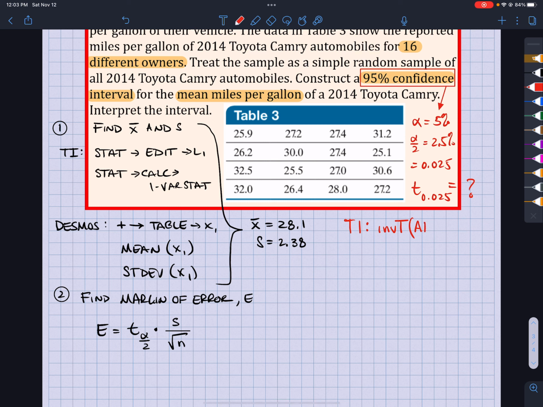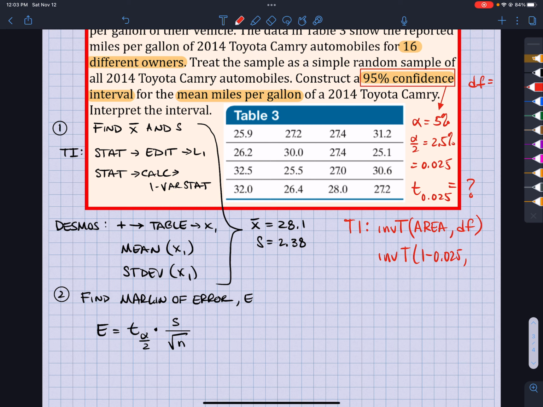You want the area, comma, degrees of freedom. So in this case, inverse t of, actually, you're probably going to have to do again, same thing, the 1 minus 0.025, comma, how many data points do we have? 16.